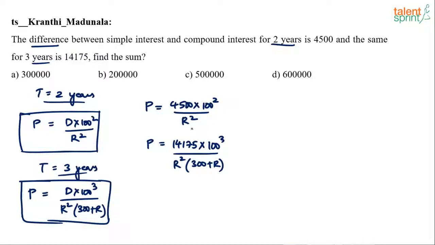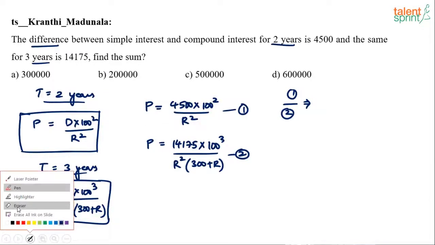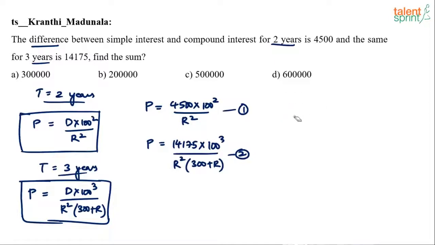So if I divide these two equations, what happens? I mean, this is, let's say, equation 1, this is equation 2. Don't have to write all the steps, but if we take equation 1 divided by 2, what do we get? P and P will get cancelled, or instead of all that, just equate the two equations because both have got P, right?